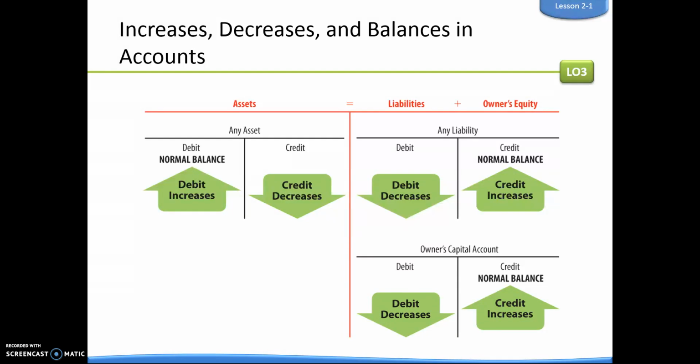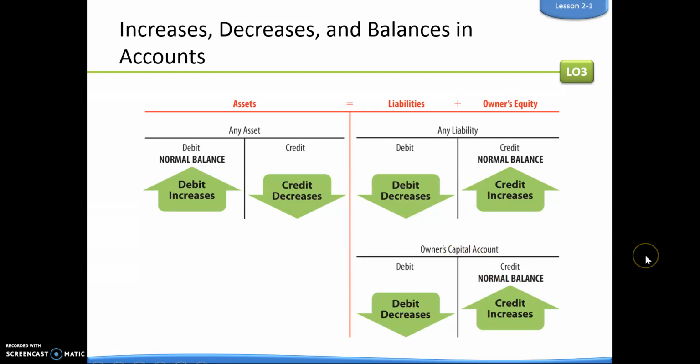No, you don't get to use it on the test, but this is essentially what you need to get started in order for us to keep moving forward with accounting. You have to understand that any asset is going to increase with a debit and decrease with a credit. Any liability is going to increase with a credit and decrease with a debit, and any owner's capital account is going to increase with a credit and decrease with a debit.